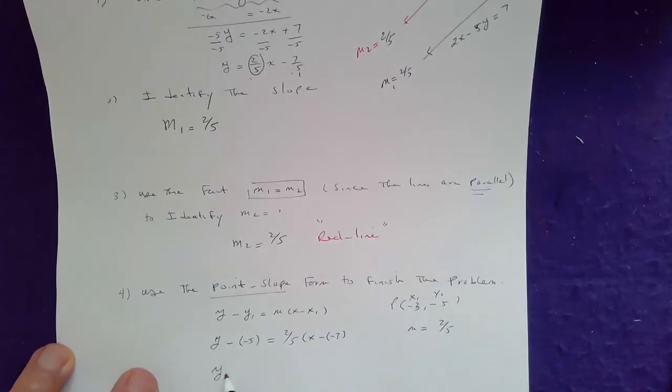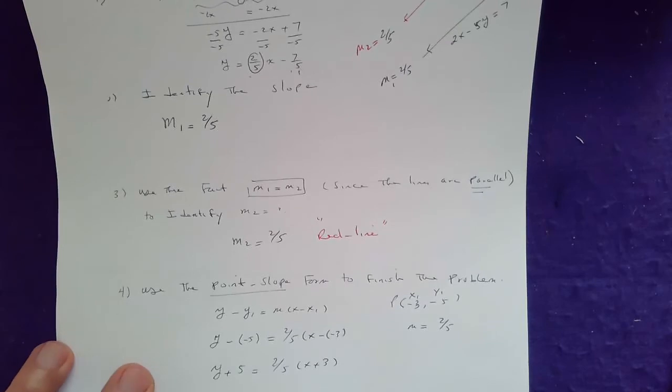So let's clean this up. So y plus 5 equals 2/5 x plus 3. Negative times negative is positive. Clean up the fraction by multiplying both sides by 5, correct? And you end up with brackets, 2/5 x plus 3.